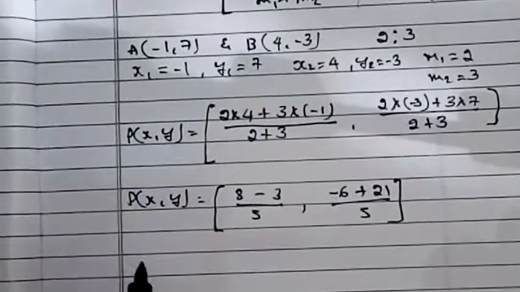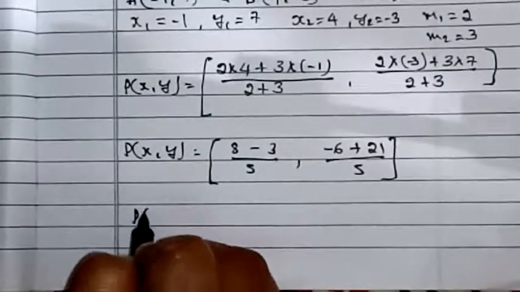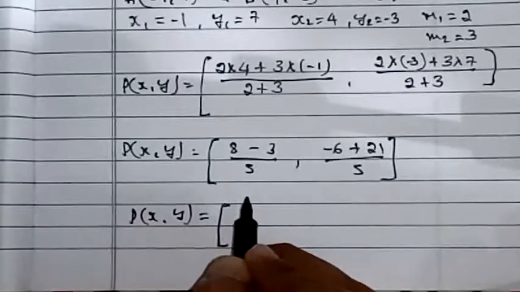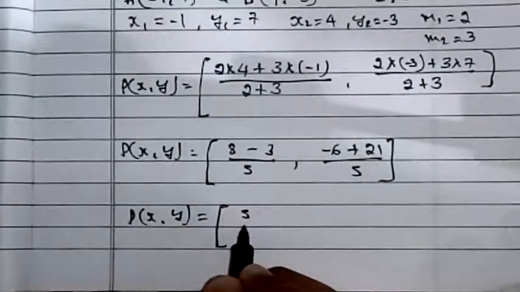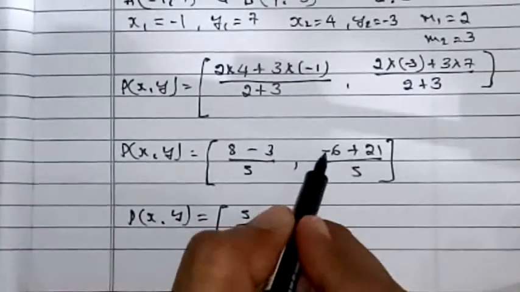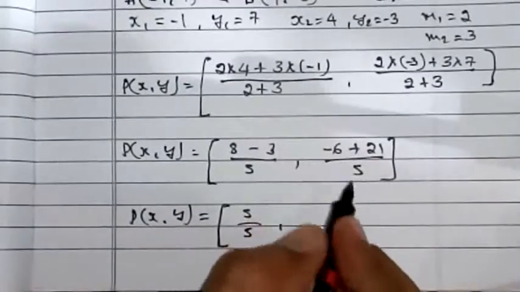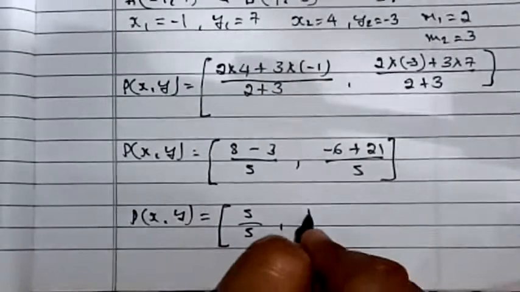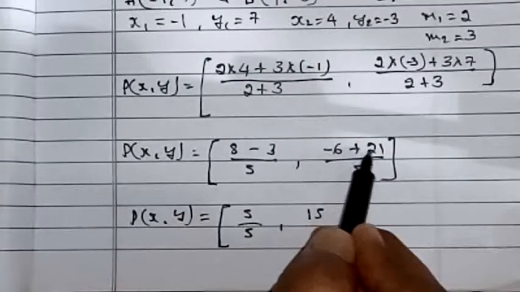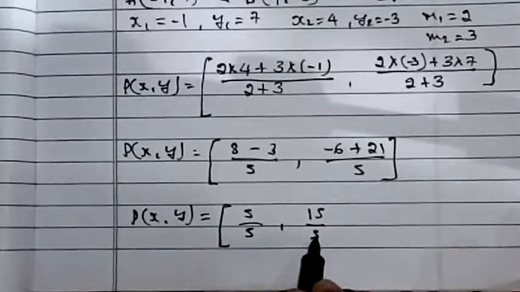So P(x, y) is equal to: 8 minus 3 is 5, divided by 5, comma, here you need to subtract, so 21 minus 6 is 15, and the sign of the bigger number, which is 21, is plus, so plus 15 divided by 5.